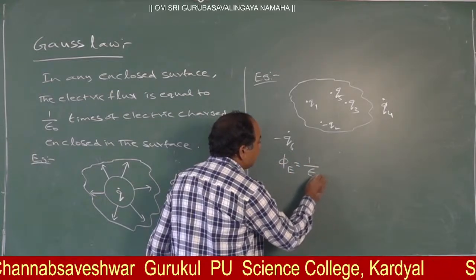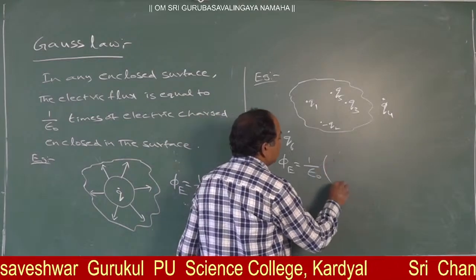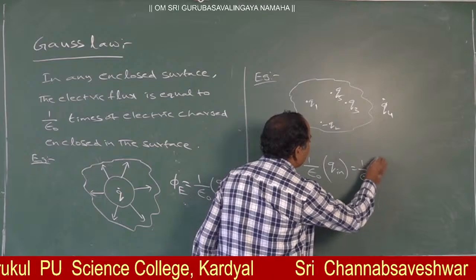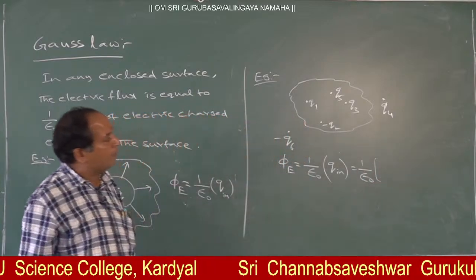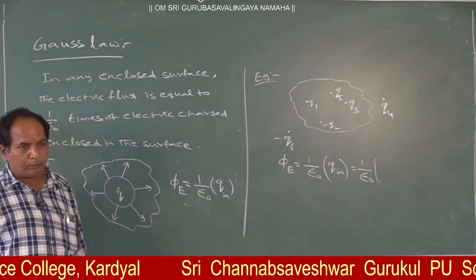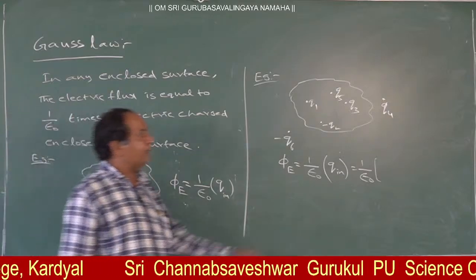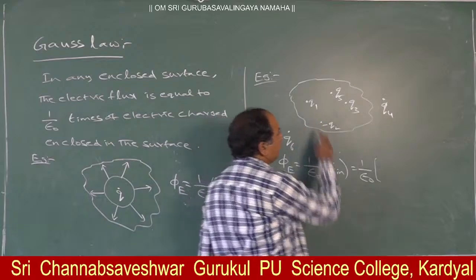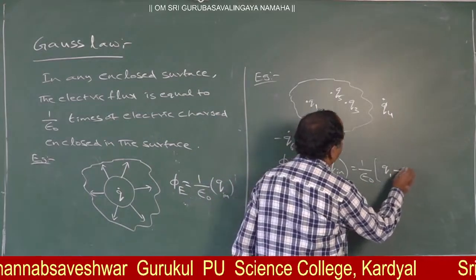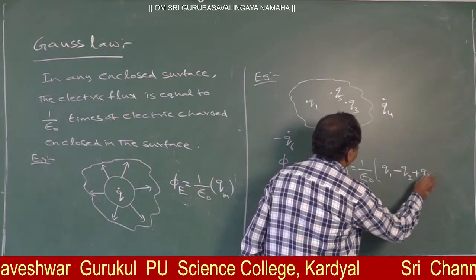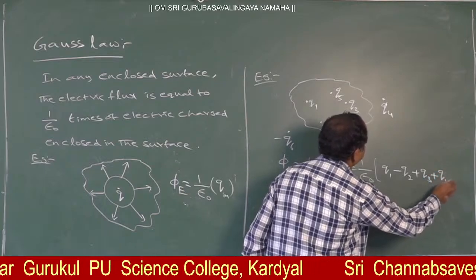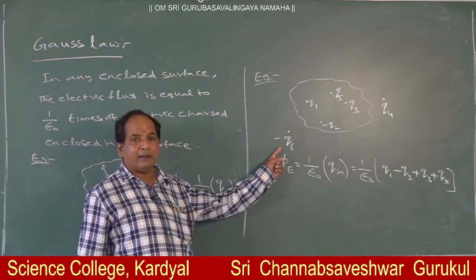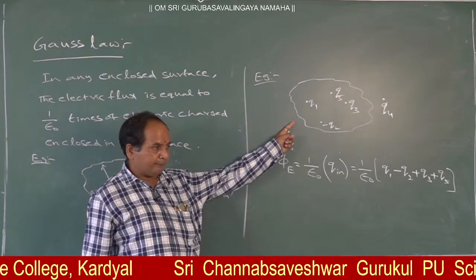Phi is 1 by epsilon naught times the charge enclosed in it. Total 6 charges are there, but inside only 4. So phi is 1 by epsilon naught into Q1 minus Q2 plus Q3 plus Q5. Due to Q4 and minus Q6, which are outside, there is no contribution to the flux.